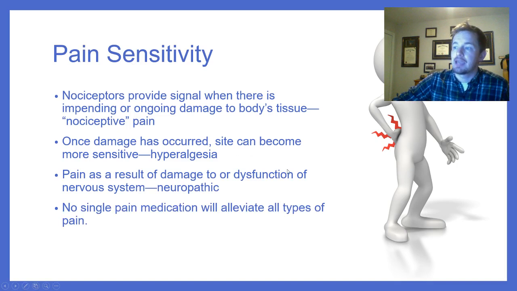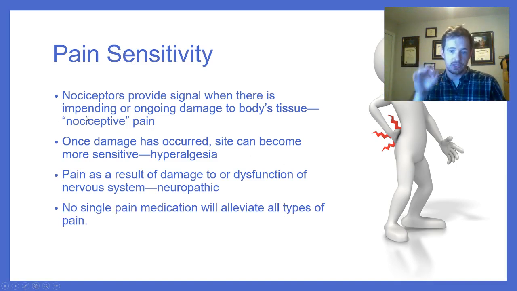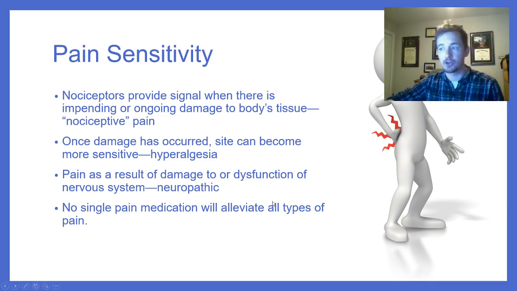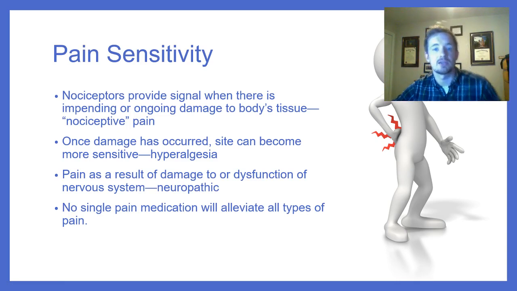And so because we have these different kinds of pain, on one hand this sharp immediate pain, the nociceptive pain, the longer lasting soreness and sensitivity, the hyperalgesia, and the neuropathic pain, there's not one pain medication that's going to work for all different variations of pain. You need different medications for different sources of pain.